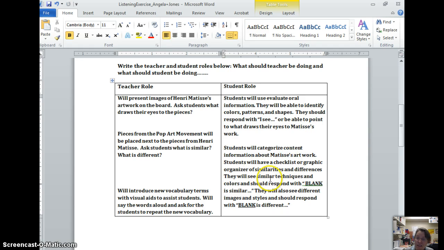They will see similar techniques and colors and should respond with blank is similar to blank. They will also see differences. Blank is different than blank. So they have a chance to point to the differences and similarities using the checklist or the graphic organizer, but they also have a chance to respond orally using both listening and verbal skills here.